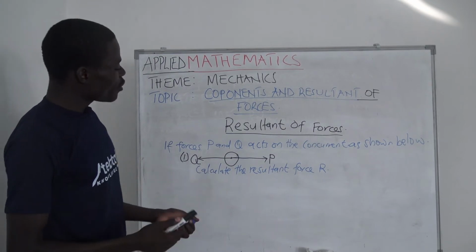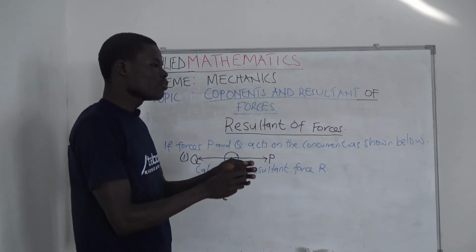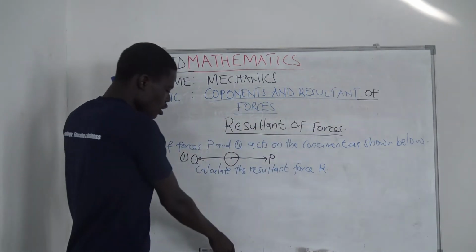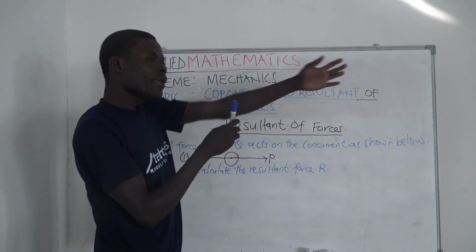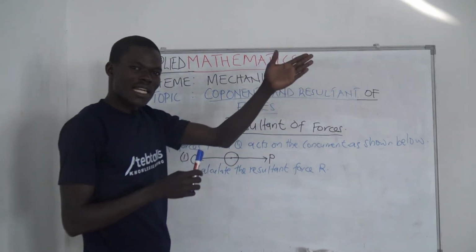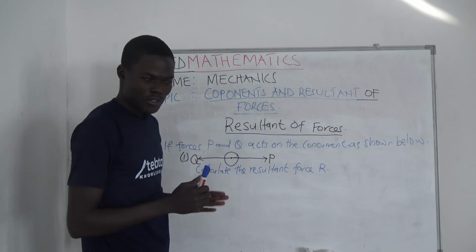If this one is pulling you with P, and this one is pulling you with Q, and P is greater than Q, you move in the direction of the bigger force.